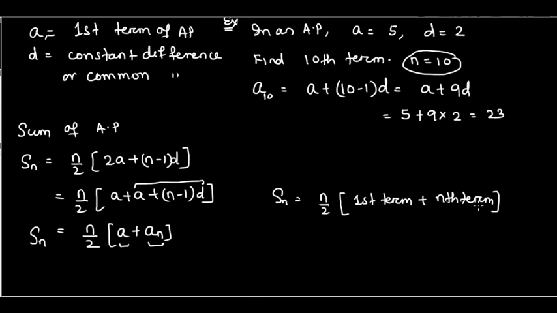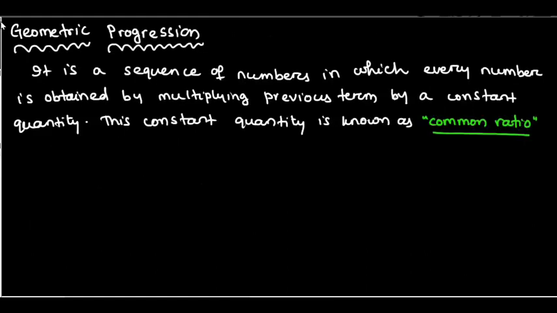Now we are going to discuss GP, meaning geometric progression. So let us discuss this geometric progression, or GP. It is a sequence of numbers in which every term is obtained by multiplying the previous term by a constant quantity, and this constant quantity is known as the common ratio.